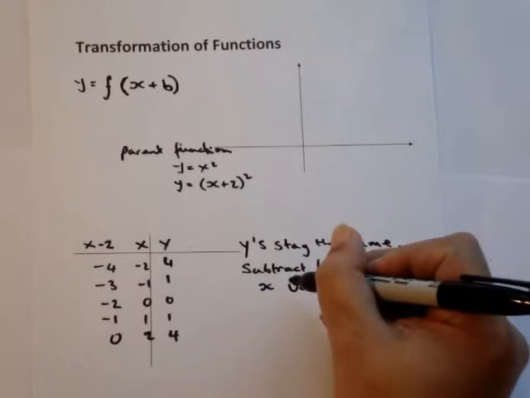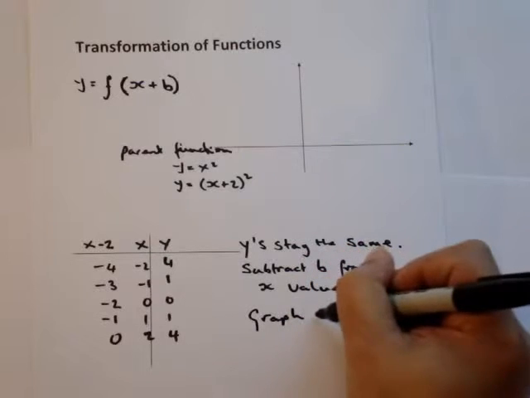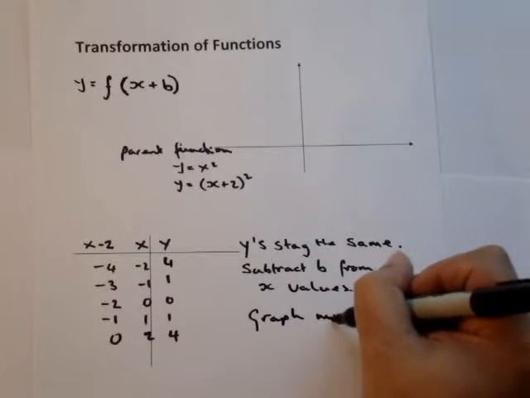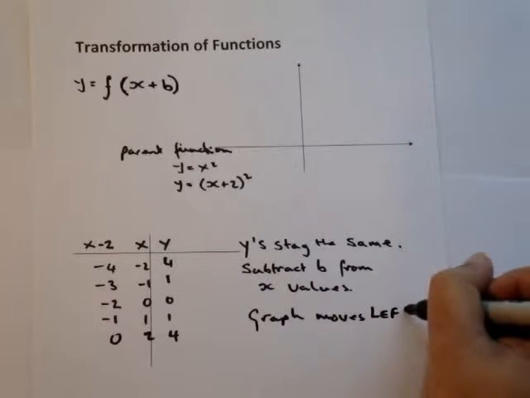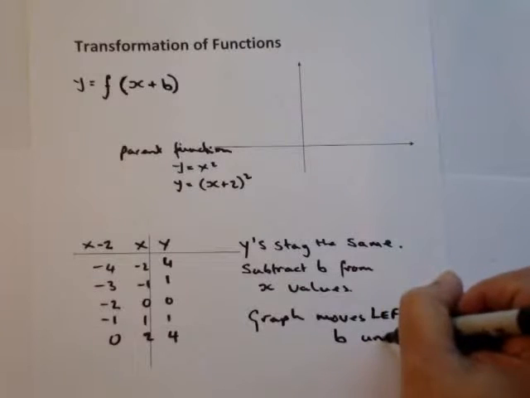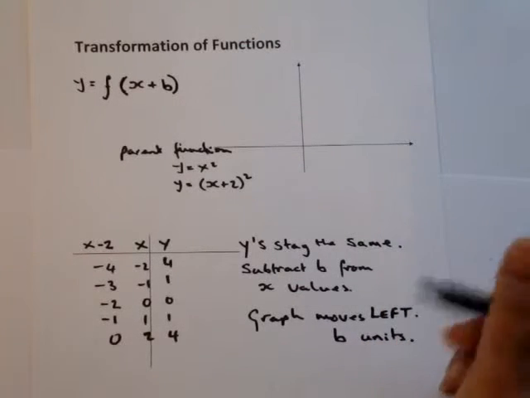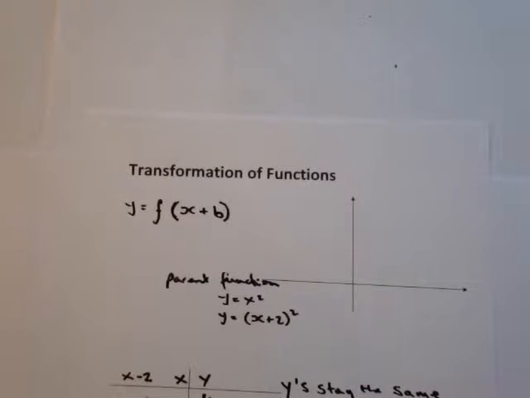So the graph moves left b units. So the graph moves left b units on our graph.